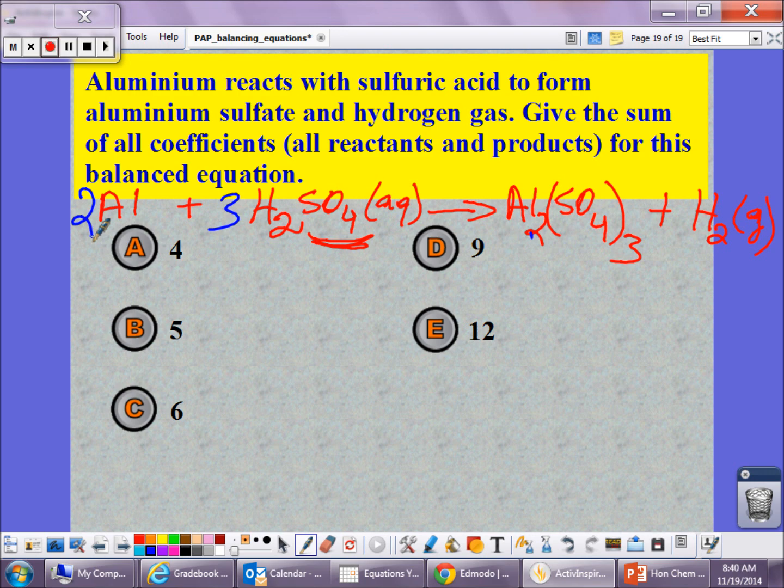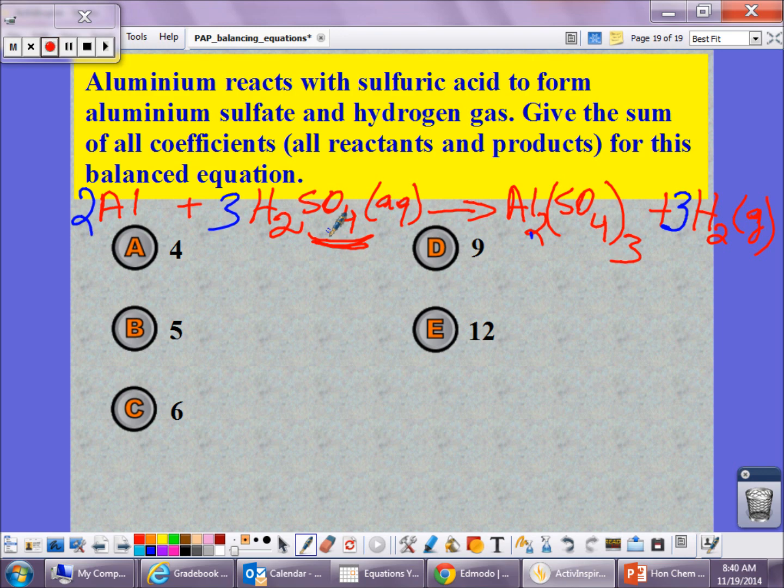Now I have 2 aluminum, 2 aluminum. I have 6 hydrogen now. I have 3 sulfate and 3 sulfate. My equation is balanced. But if they sent me a letter, I need to answer that exact letter they sent me.